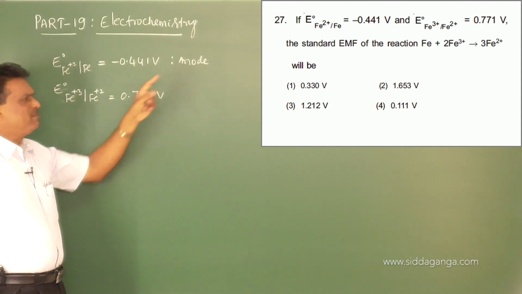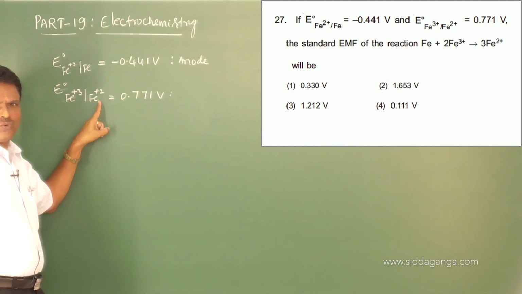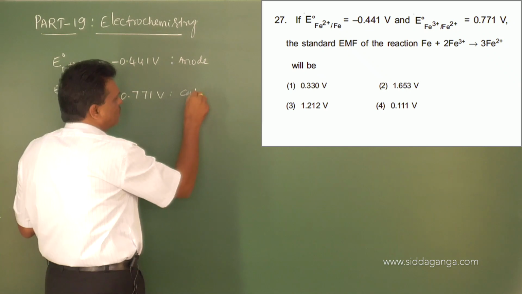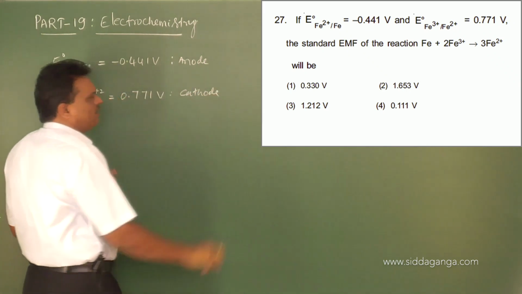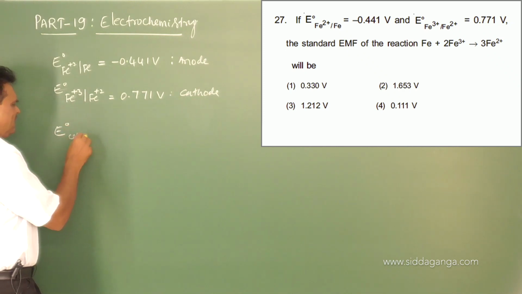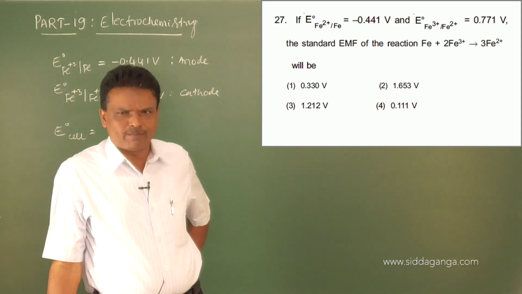Similarly, Fe plus 3 to Fe plus 2 acts as cathode. Hence, the standard EMF of a cell is equal to the reduction potential of cathode.